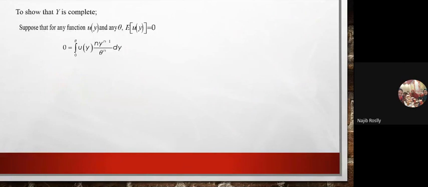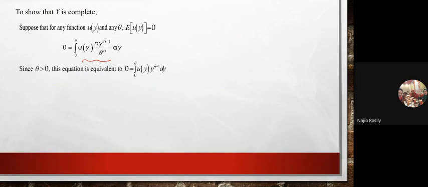To show that Y is a complete family, find the expected value of u(Y). You need to show that the expected value of u(Y) is equal to 0. How do you make sure of that? The expected value of u(Y) is the integral of u(y) times the density function, n y^(n-1) over theta to the power n, dy, ranging from 0 up to theta.